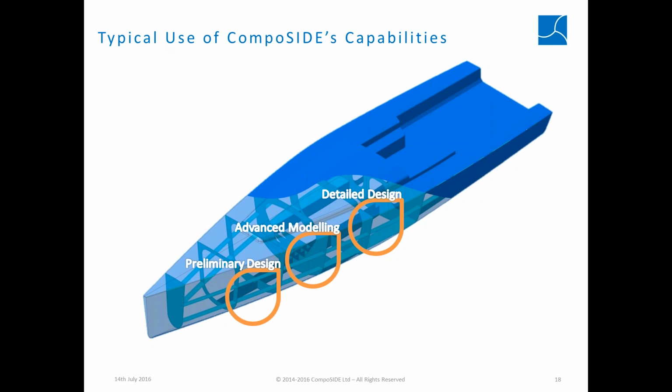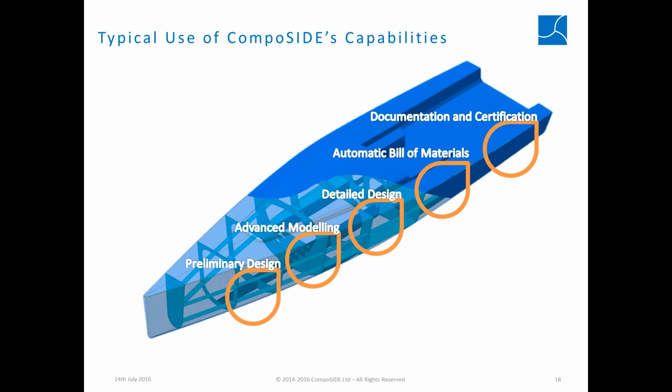So this is what we're going to focus on today. So this is a beam element model. And then it automatically creates a bill of materials, grabbing all of the data from your analysis and your material data. And you can generate pretty quickly a set of documentation, and that allows you to certify your vessel with the minimum of reporting.